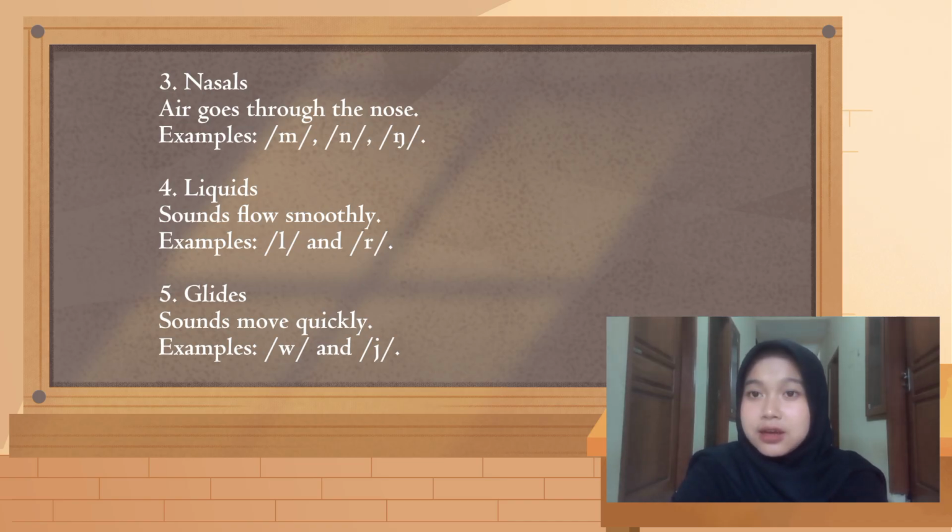It is when air flows smoothly. For example, L for light and R for right. And the last is glides, as sounds move quickly. For example, W for wow and Y for yes.